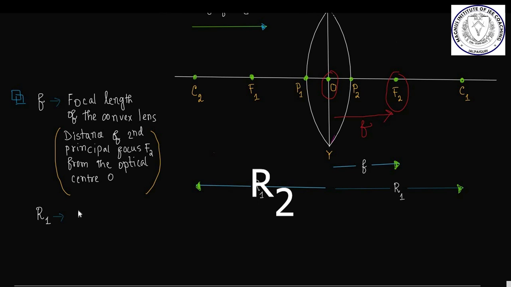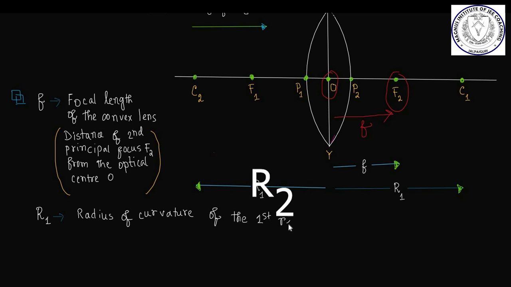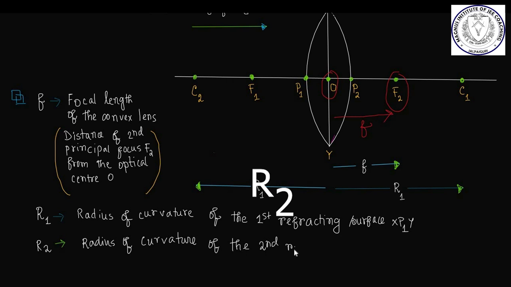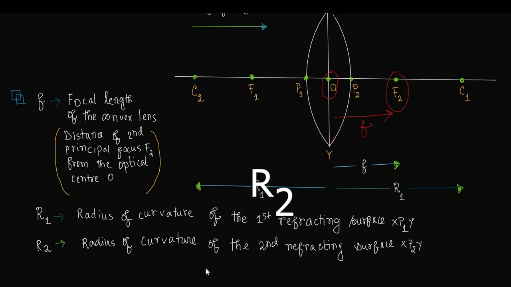R1 is the radius of curvature of the first refracting surface XP1Y of the convex lens, and R2 is the radius of curvature of the second refracting surface XP2Y of the convex lens.